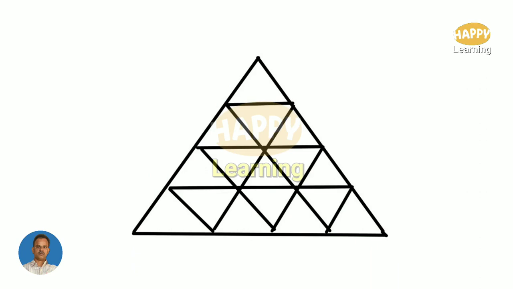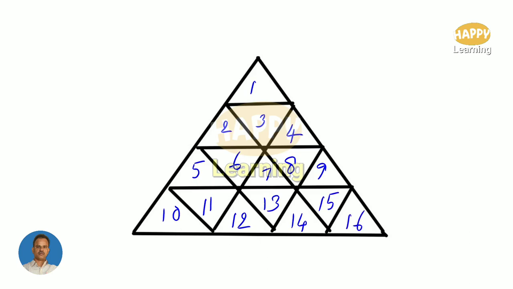Let me give numbers to these triangles. This is 1, 2, 3, 4, 5, 6, 7, 8, 9, 10, 11, 12, 13, 14, 15, 16. In total, 16 triangles we are able to see directly, but by selecting these three, those three, like that we'll get some other combinations.